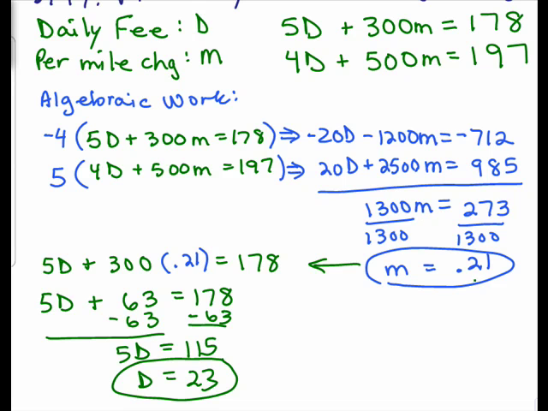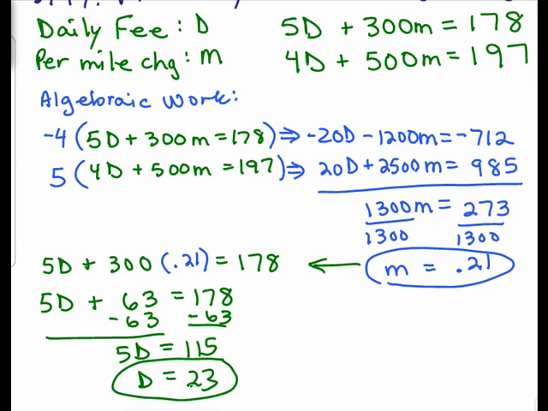Now remember, that means 21 cents, right? Because we're doing everything in dollars, and that seems reasonable, a mileage charge of 21 cents. And now I go back to one of the original equations, doesn't matter which one, so I took the top equation and plugged in 0.21 for M and solved to get D. So I got M as 0.21, D is 23.